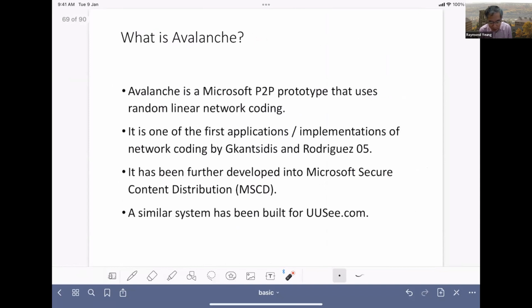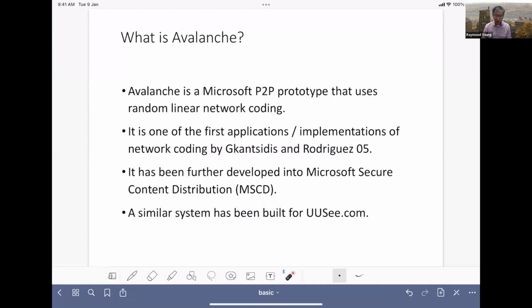Okay, so I'm going to discuss random linear network coding put together by Microsoft Research some 15 years ago. It's called Avalanche. It's a prototype that uses random linear network coding for software update.